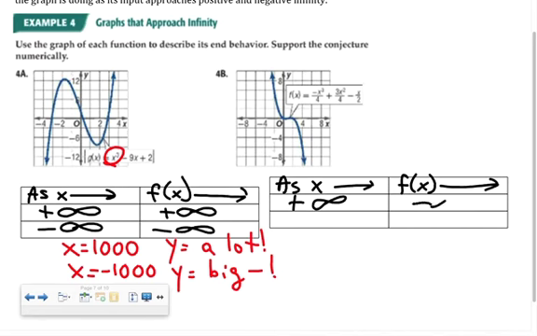So that appears to be approaching negative infinity. And as x approaches negative infinity, as I'm looking at my graph going further and further to the left, my function values, my y values, appear to be going further and further up towards positive infinity.